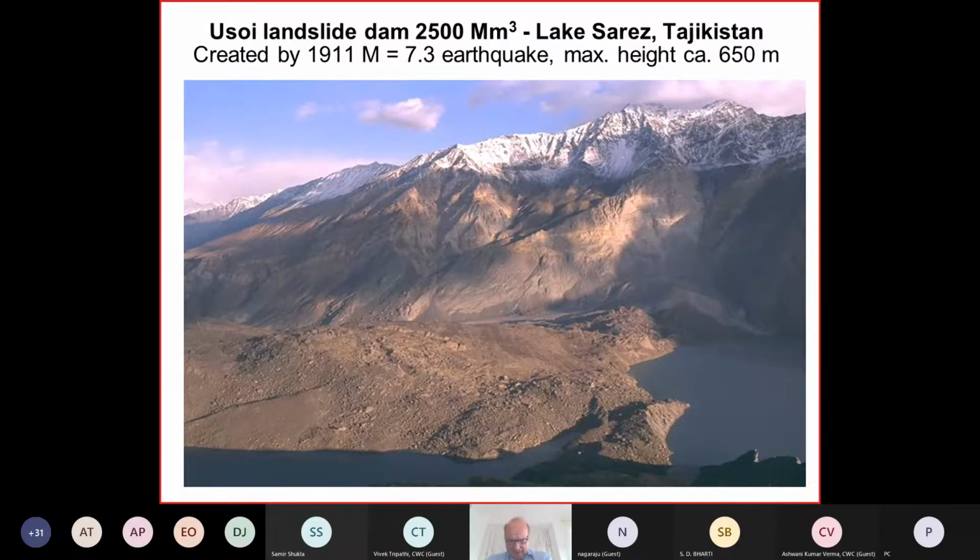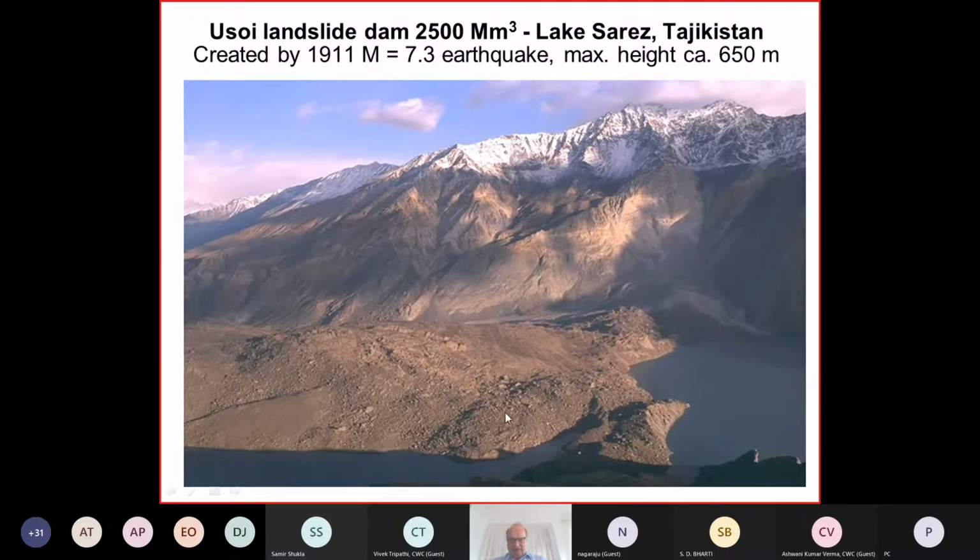Okay, now what is the biggest dam which exists? The biggest dam in the world is this one, the Usoi landslide dam. It's about 2.5 billion cubic meters. It is in Tajikistan, in the Pamir Mountains, and it was created under 10 years ago by a magnitude 7.3 earthquake.